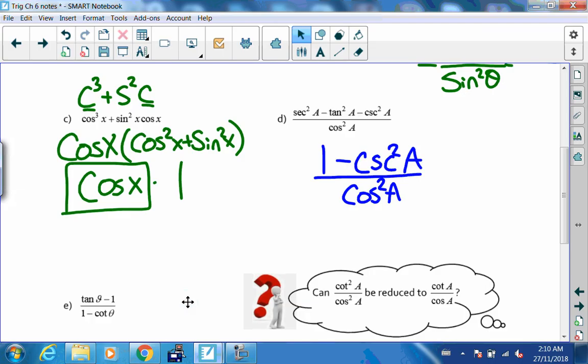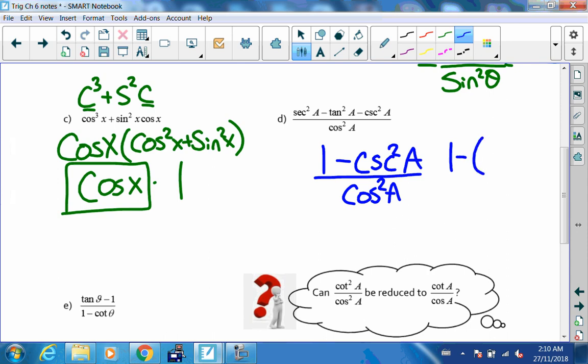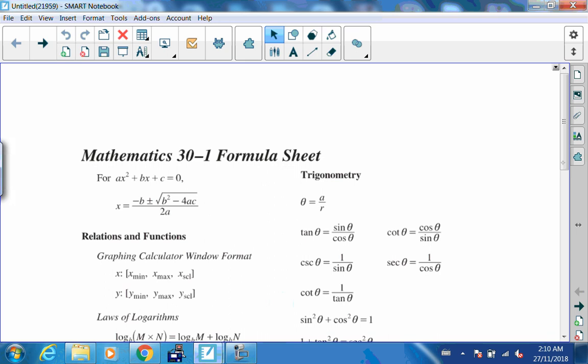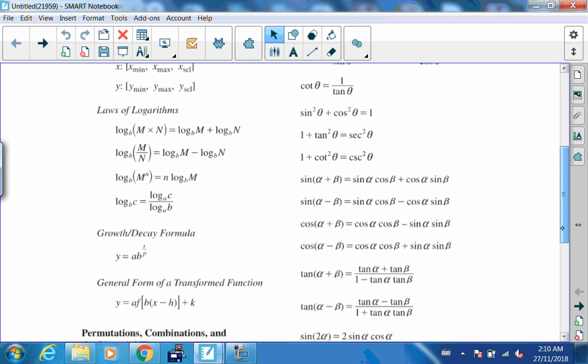Again, I apologize, I'm skipping all over the place. But since cosecant squared was 1 plus cotan squared, and now again, with any luck, we can see that over here. And I can write on this copy, which is kind of nice.